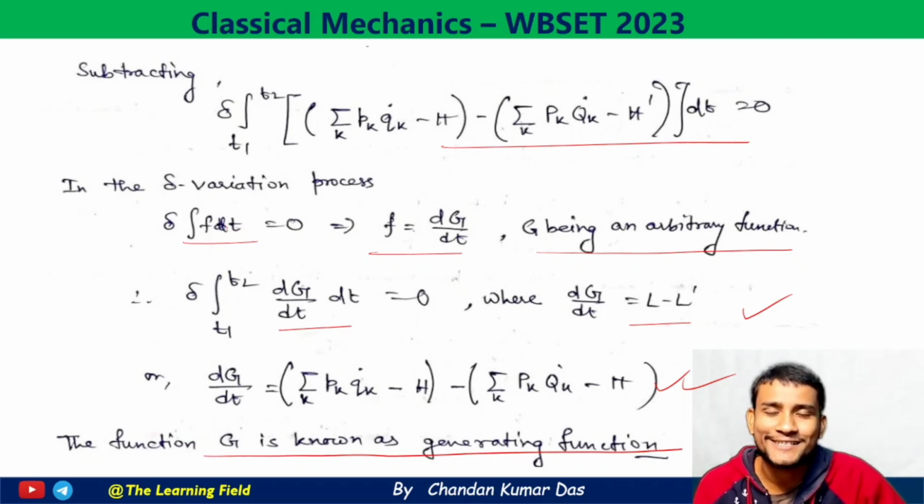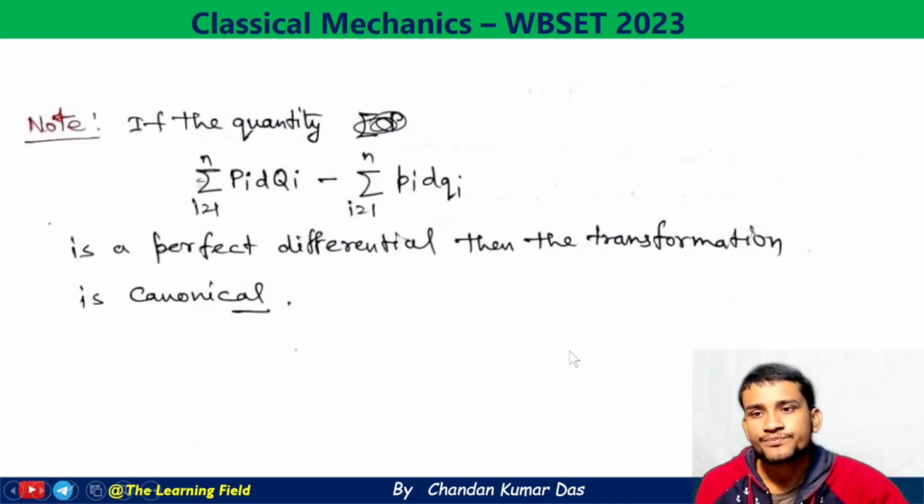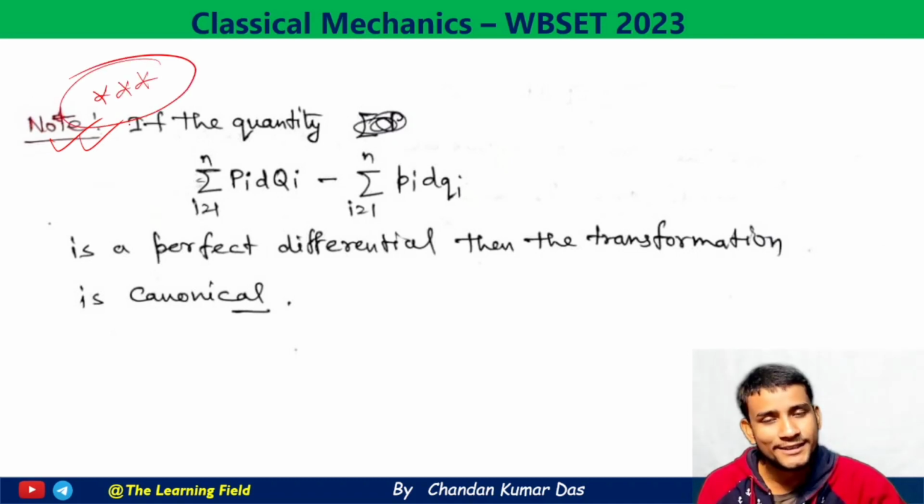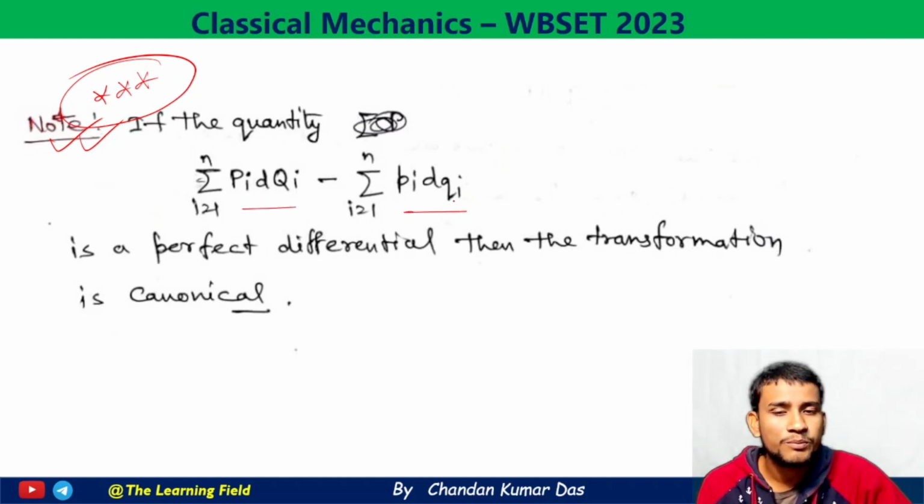Now let us take an example to understand properly what the generating function is. Here is an important note, which we need to solve the problems of canonical transformation. The quantity Σ Pi dQi − Σ pi dqi, if this quantity is a perfect differential, then the transformation is a canonical transformation.